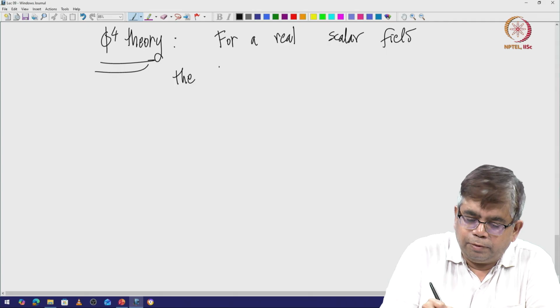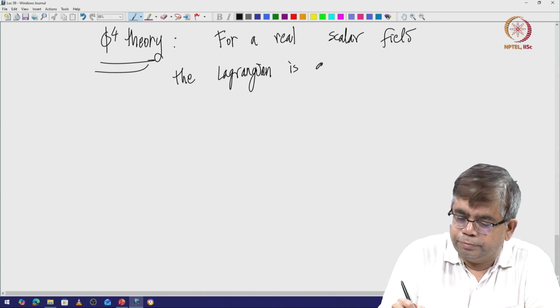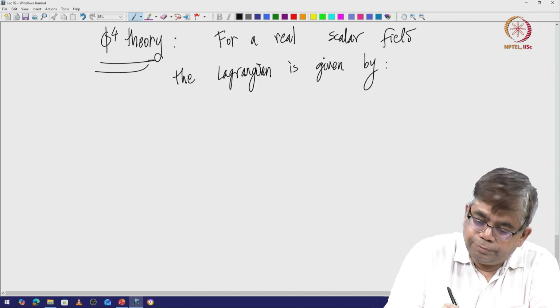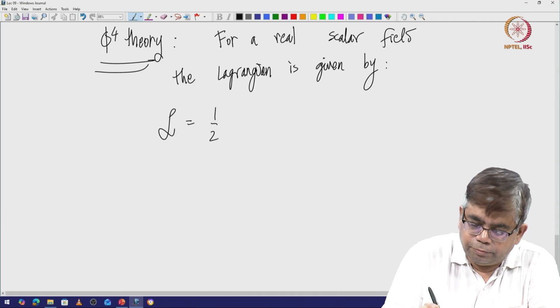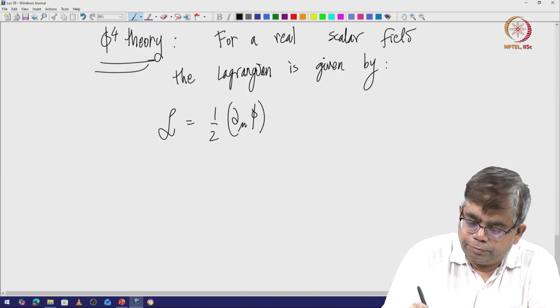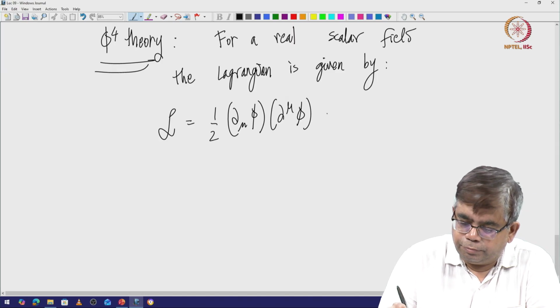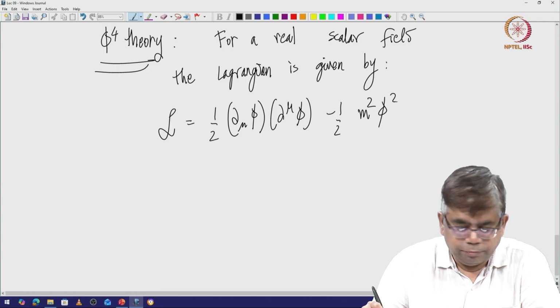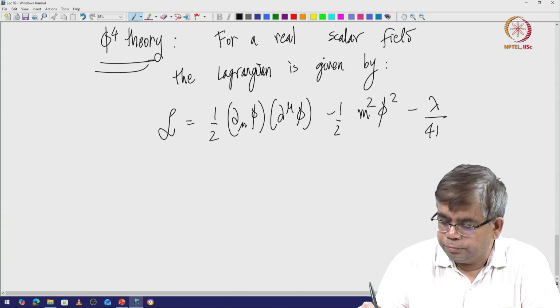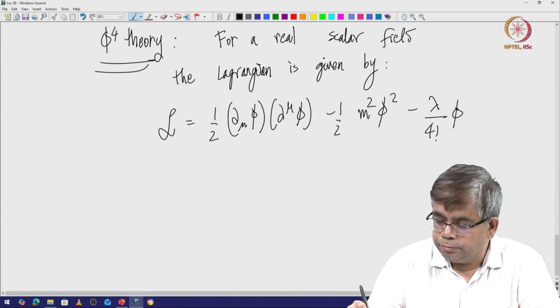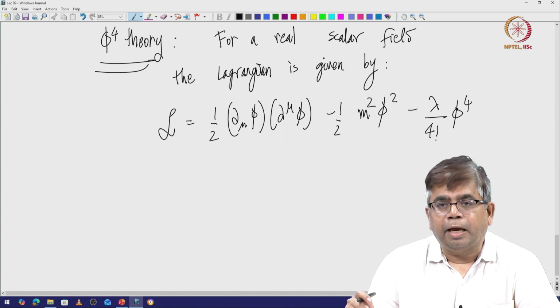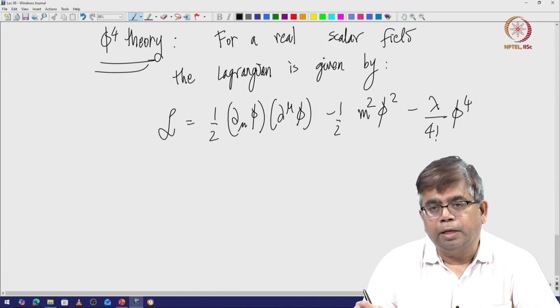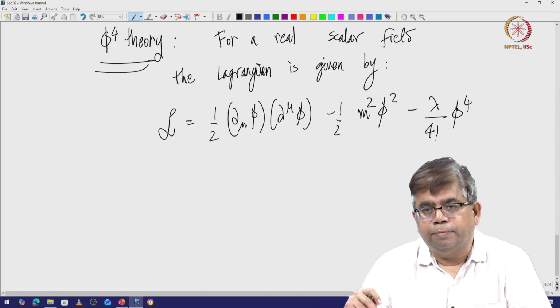The Lagrangian looks like, okay, where I drop the index, the subscript 4 on lambda.